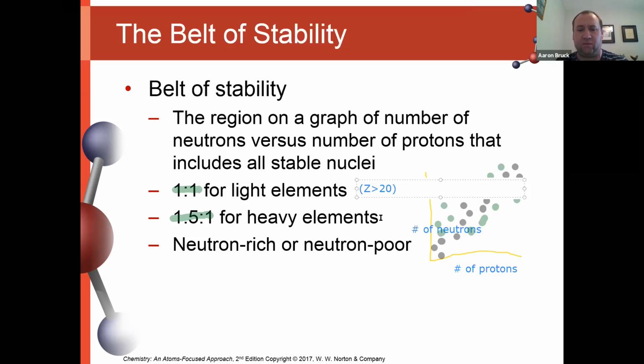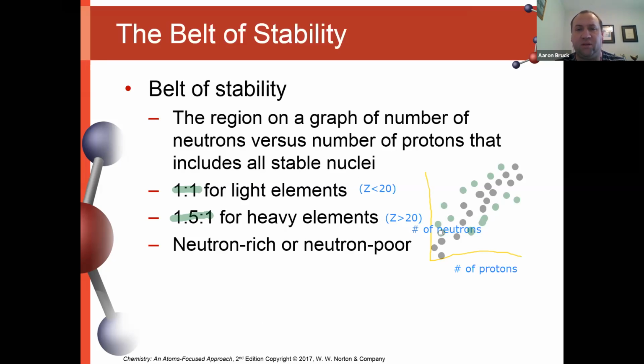For elements where my atomic number is greater than 20, we start to see that the heavier elements are going to require more neutrons to stabilize them.